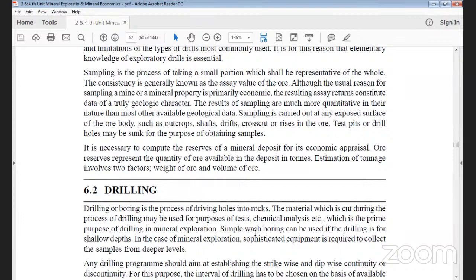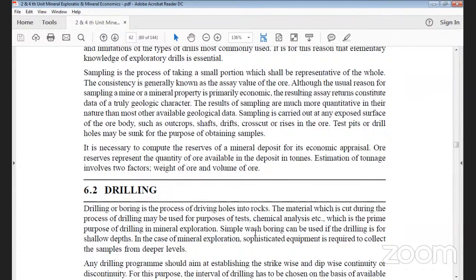It reflects the geological characters and the geological formation in the subsurface area. So sampling is more quantitative in nature than most of the available geological data.